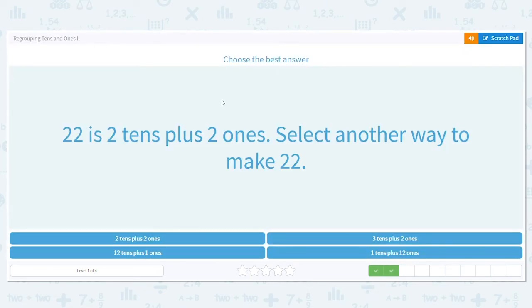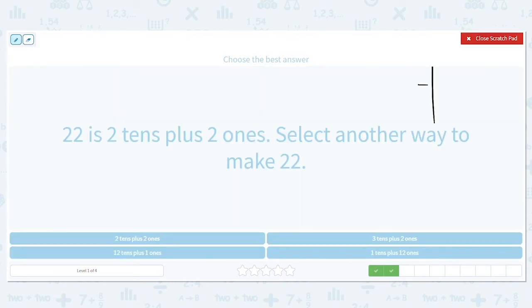Let's try another one. 22 is 2 tens plus 2 ones. Okay, we just did this, so let's use it as a practice. Tens, ones, 22. We said that we want to have the ones go next door, knock on the door, and borrow from the tens. It needs to use some of its sugar.